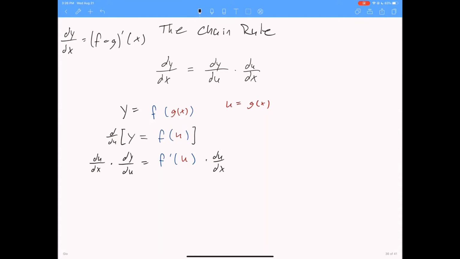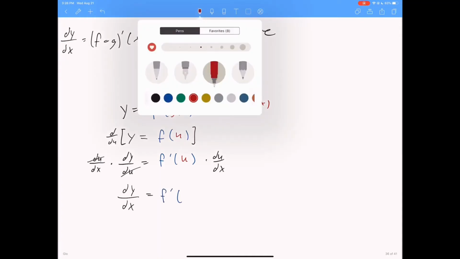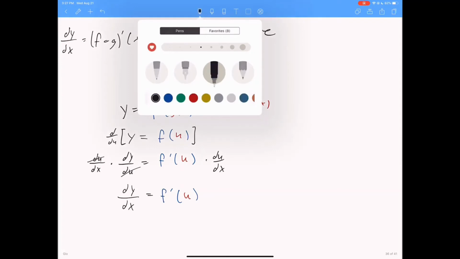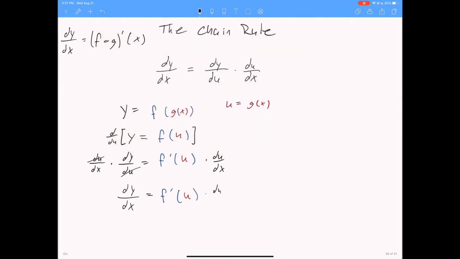As you can see from the notation, the du's cancel out and you're just left with dy dx. So now we have f prime of u times du dx.